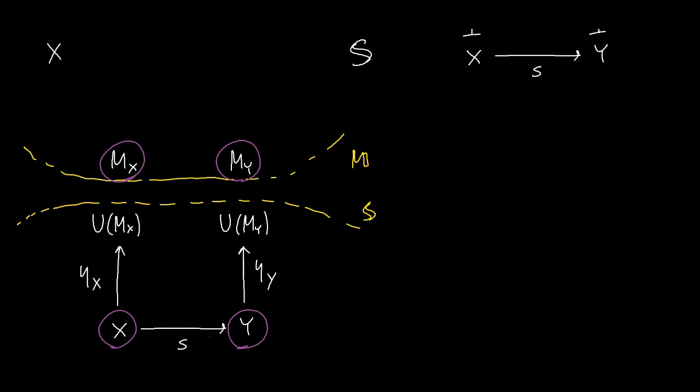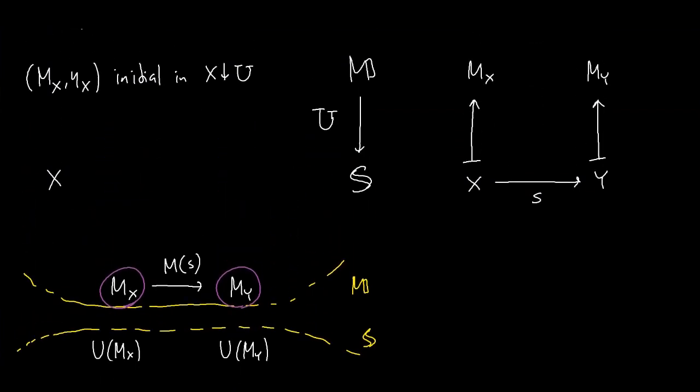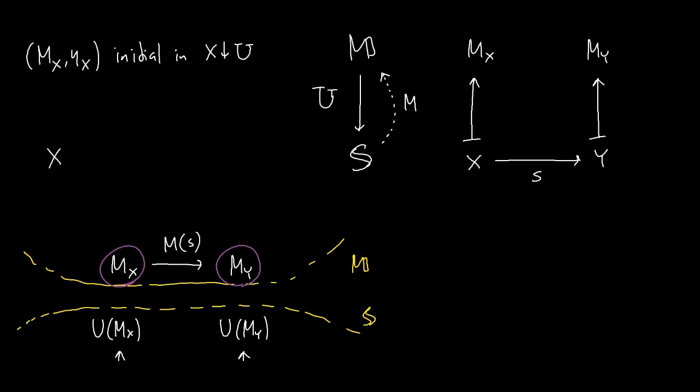Just to specify S. So for every small s, I want to create something I will call ms, or rather m of s, so that this m is a functor. So I get a functor here. I'm looking for a functor from S to M whose values on objects are given by the free objects.